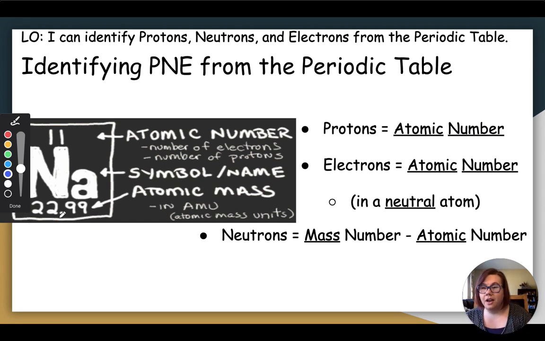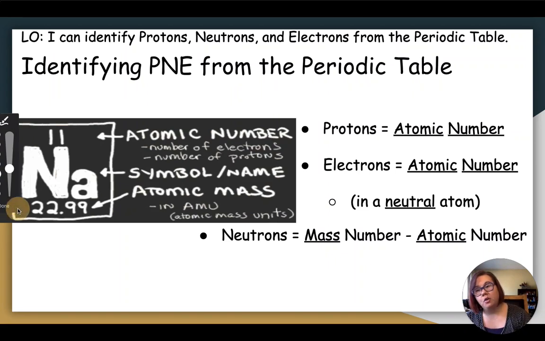So if the number after our decimal point here is 5 or higher, we want to round up, which means this is going to be a mass number of 23. So to figure out our neutrons, we're going to do 23 minus 11, and 23 minus 11 gives us 12 neutrons. So our protons and electrons would have been 11, and our neutrons would have been 12.